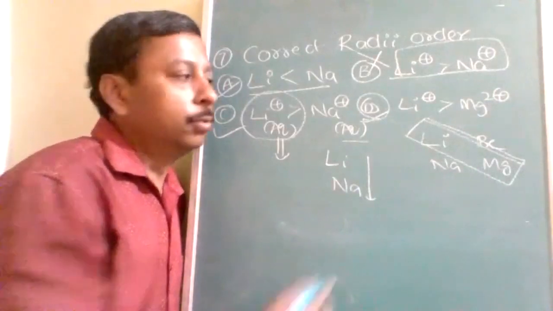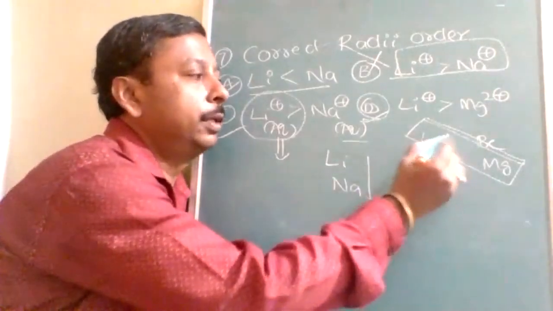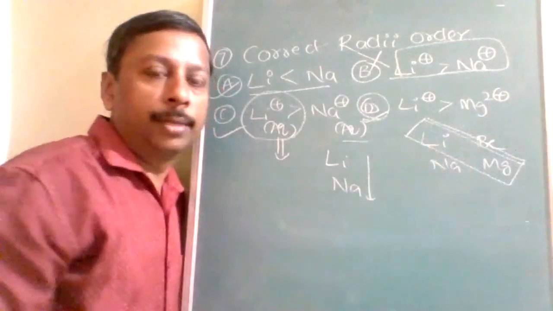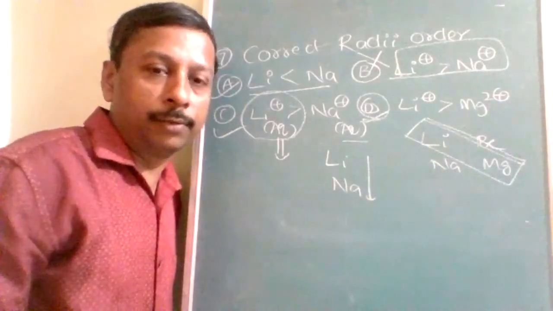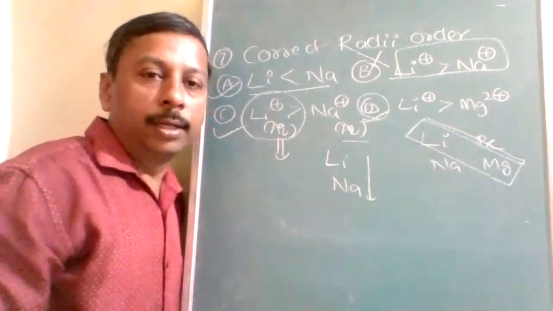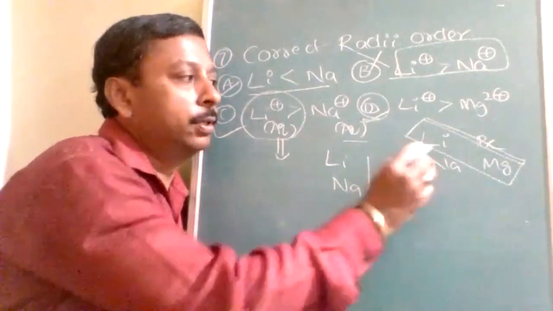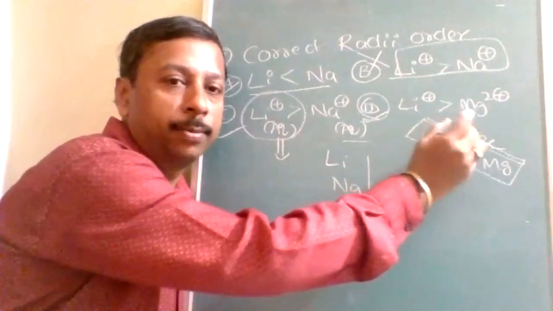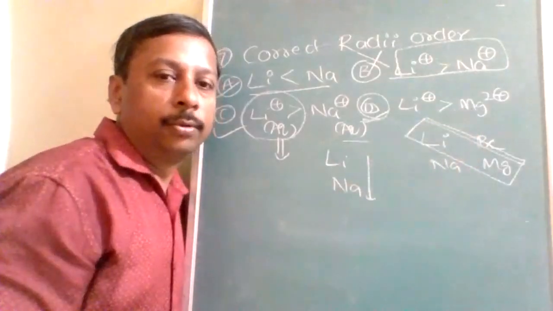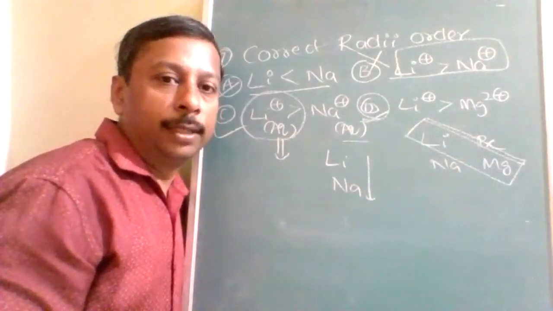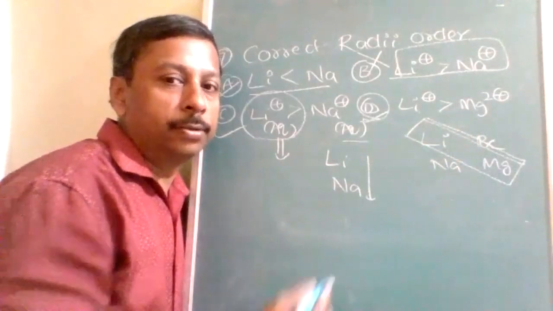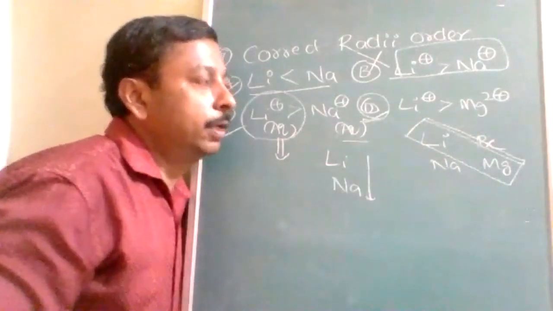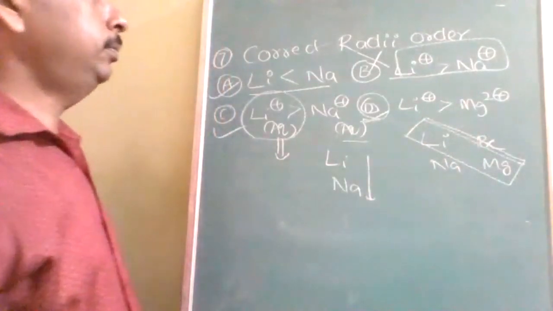So the diagonal relationship is just nearly the same, and that too not the atomic radius, it is the polarizing power, the polarizing ability. For the positive ion, we have to compare the polarizing power. So because of the similar polarizing power, they both will be behaving the same, understood? But it is not in terms of the atomic radius.